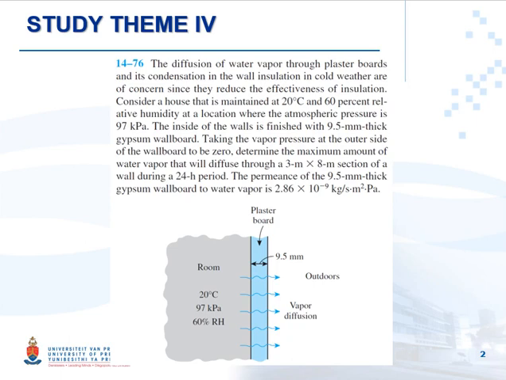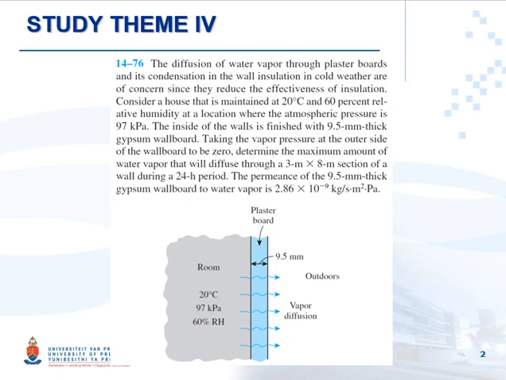The diffusion of water vapor through plaster boards and its condensation in the wall insulation in cold weather are a concern since they reduce the effectiveness of insulation. Consider a house that is maintained at 20 degrees and 60% relative humidity at a location where the atmospheric pressure is 97 kilopascal.